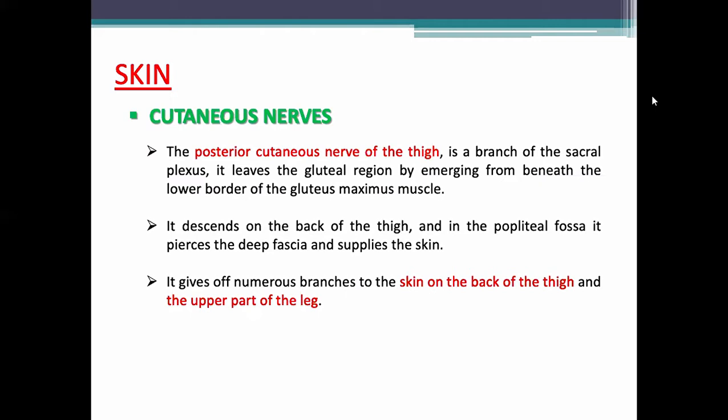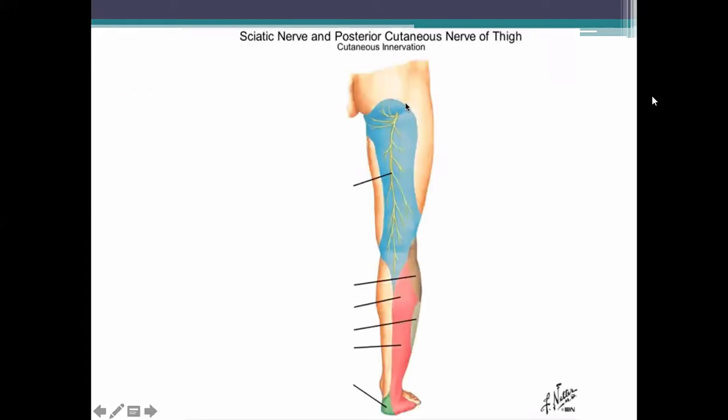It descends on the back of the thigh, and in the popliteal fossa, it pierces the deep fascia and supplies the skin. It gives off numerous branches to the skin on the back of the thigh and the upper part of the leg.